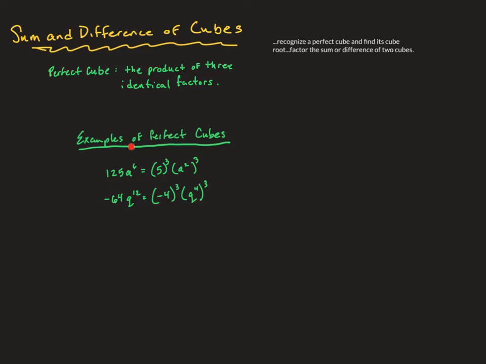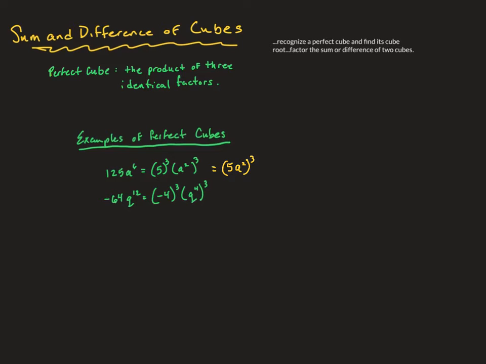Now I have some examples here. So if we have 125a to the sixth, well, 125 is the same thing as 5 cubed. And a to the sixth is the same thing as a squared, cubed. So that could be rewritten as 5a squared raised to the third power, or cubed.